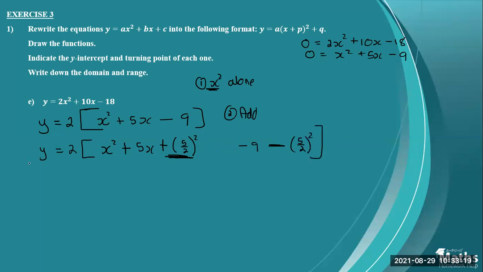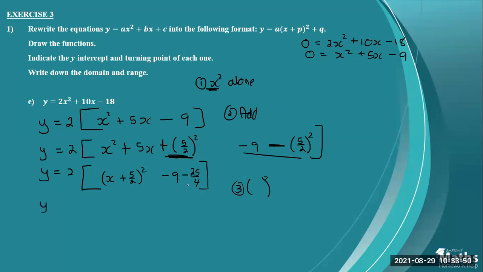And keep your square bracket. The next step, we're going to write it in brackets squared. Right, so you keep your square bracket. So this then will be x plus 5 over 2 squared. And this we're going to work out. So it's going to be minus 9 minus 25 over 4.